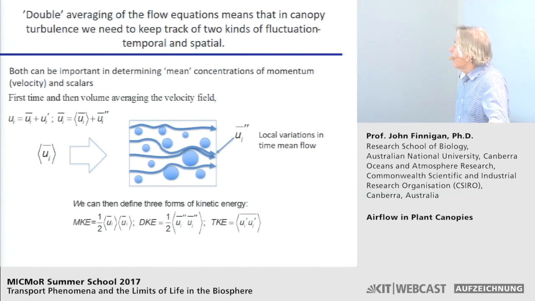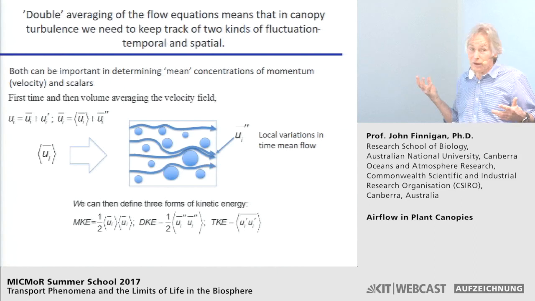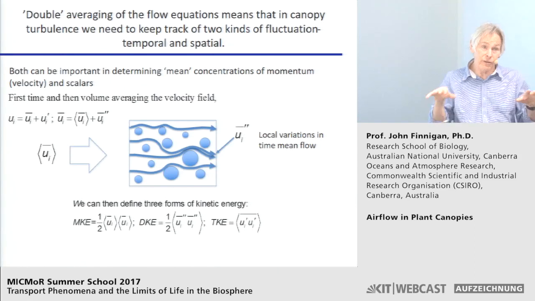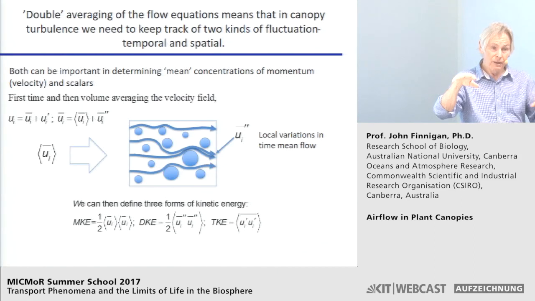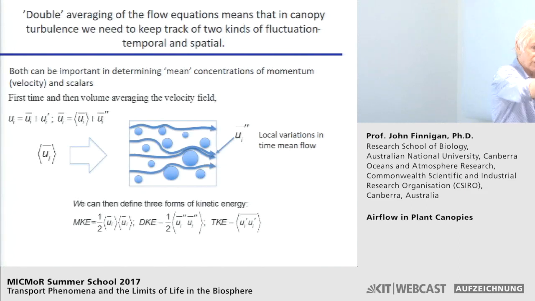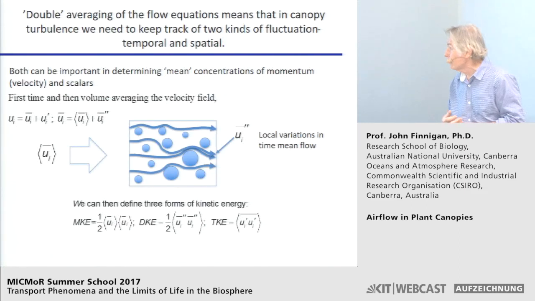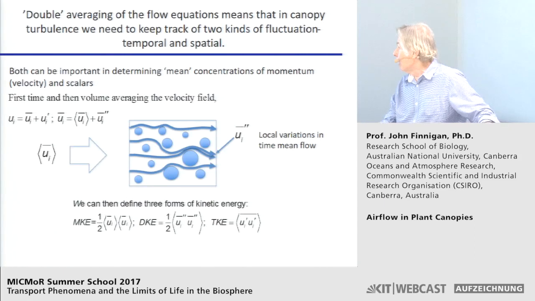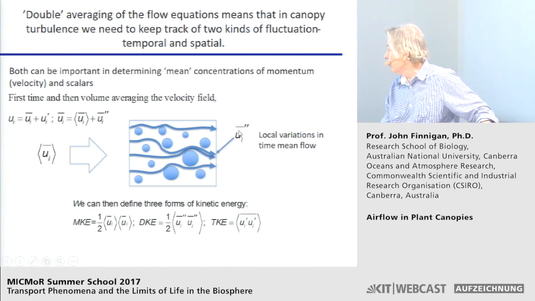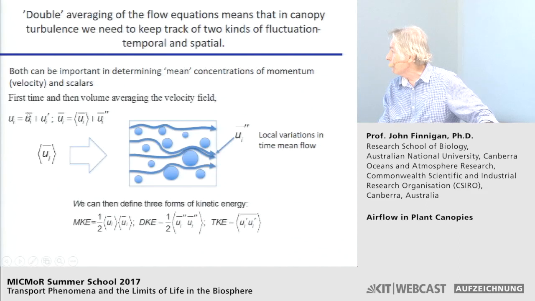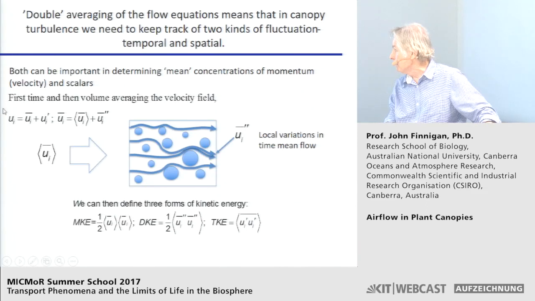This double averaging was already quite familiar to chemical engineers, 10 or 15 years earlier than that. So in canopy turbulence, we need to keep track of two kinds of fluctuations, both the temporal fluctuations, but also the steady fluctuations as the air finds its way around all these plants. And we usually denote these local variations in the time mean flow by a double prime, whereas the variations in time around the steady flow by a single prime.